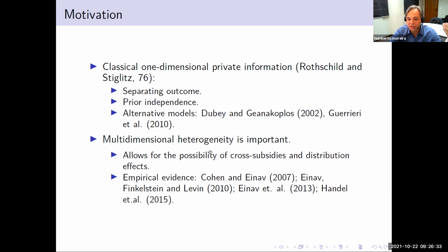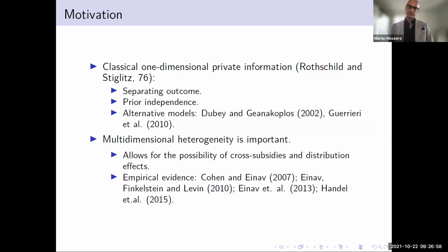There is a huge literature on the empirical side showing that this multidimensionality in terms of risk and risk preferences is very important. Just to give a small list of papers, the first one here proposed a structural econometric model to estimate risk preferences from data on deductible choice in auto insurance contracts.